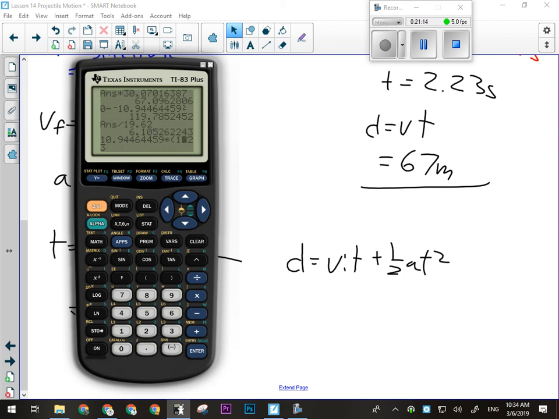I'm going to round here because I didn't do this very well. Okay, I get the same answer. You can do it either way. Either way will work. It's just an acceleration problem.